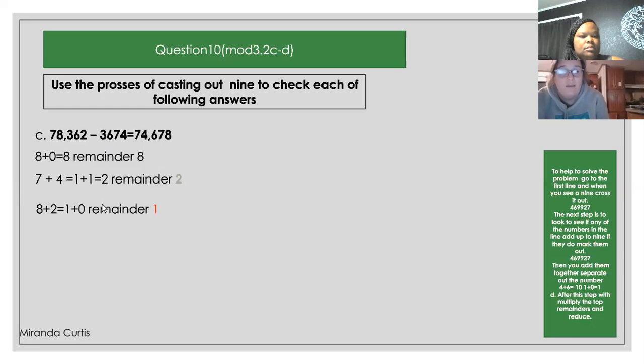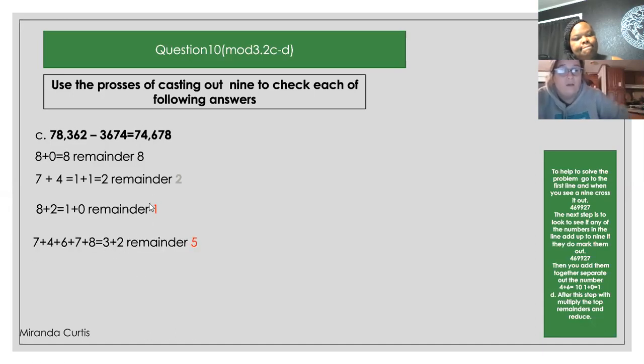And then now we're going to go to the bottom. We have 7, 4, 6, 7, and 8. Do any of those equal 9? Yes. So we cast them out. So what we have left is 8 plus 2 equals 10. Because it's a double digit, we're going to add it. So 1 plus 0 equals 1 and gives a remainder of 1.